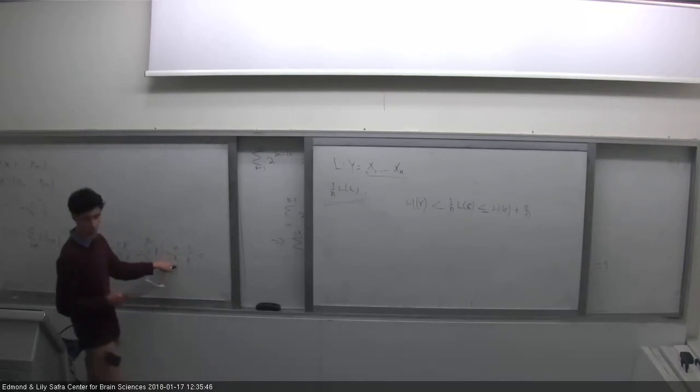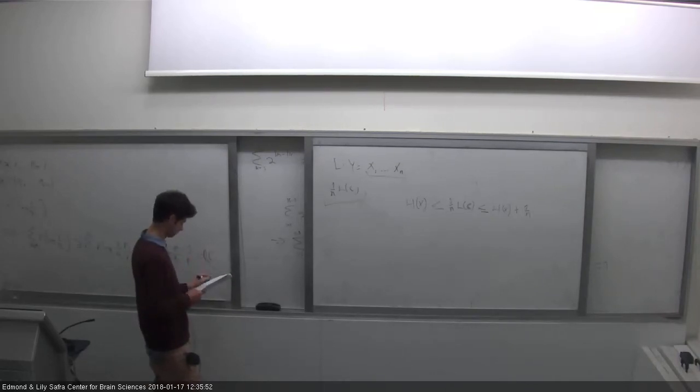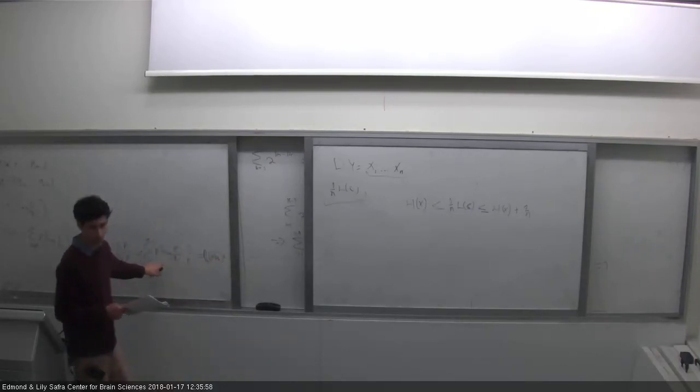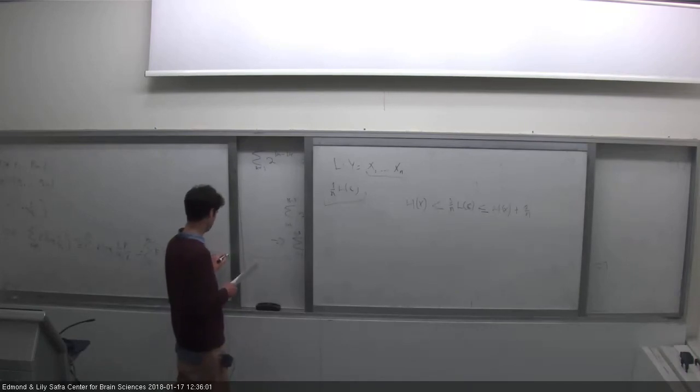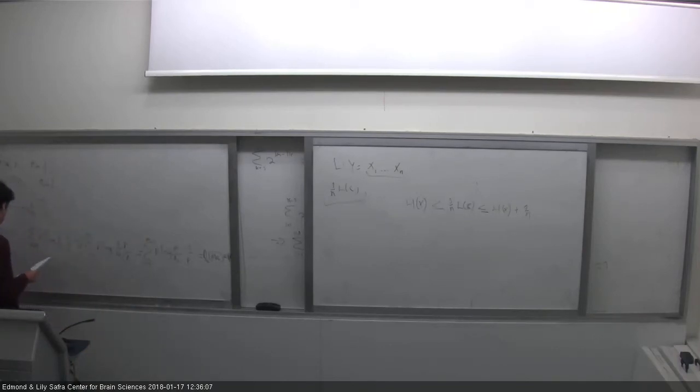So this is the DKL between P and Q, and this is the entropy of P. And we can also prove, though we don't have time, that the expected length is smaller than the DKL between P and Q plus the entropy of P, plus 1.